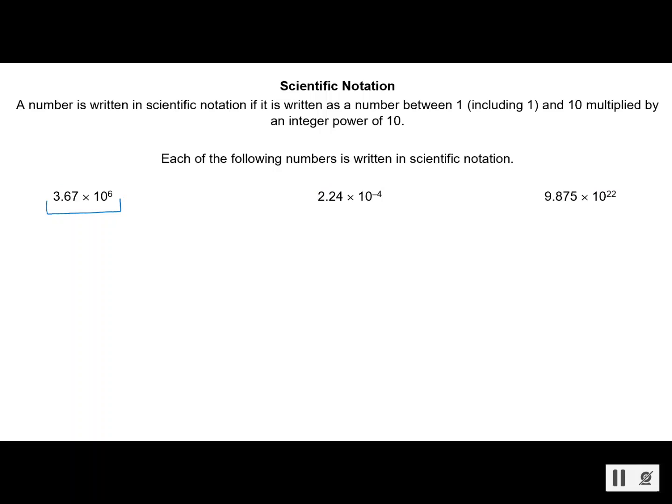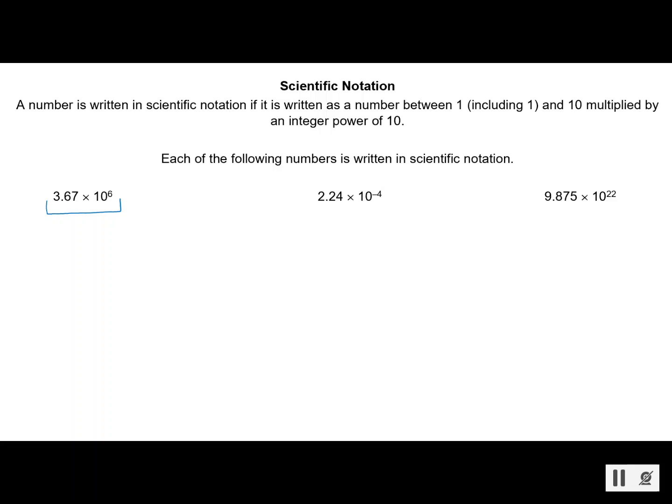We can, right? 10 to the 6th power, if you were to put that into your calculator, is 1,000,000. So really, we're multiplying 3.67 times 1,000,000. If we multiply 3.67 times 1 million, is that a big number or a small number? It's a big number, right?